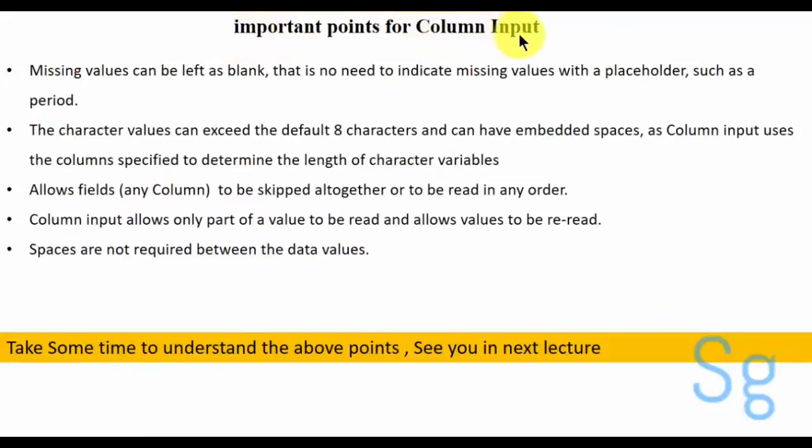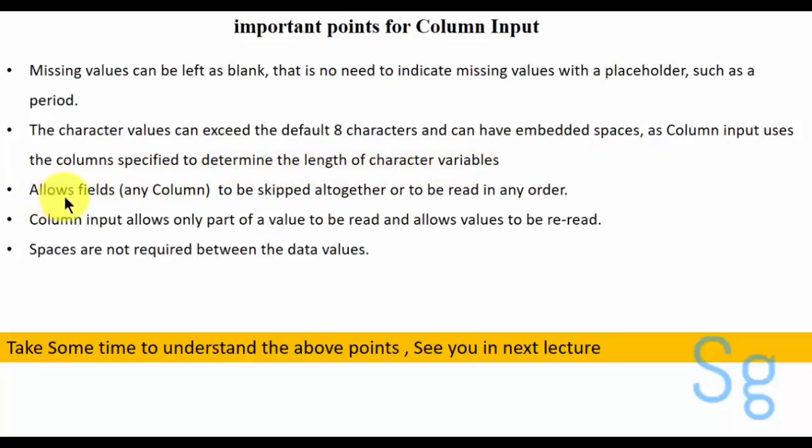Important points for column input. Missing values can be left as blank. That is, no need to indicate missing values with a placeholder such as a period. Here, the character values can exceed the default 8 characters and can have embedded spaces, as column input uses the columns specified to determine the length of character variables.